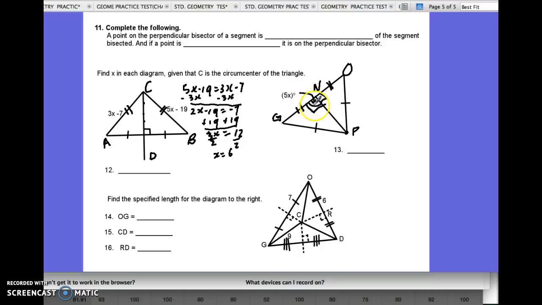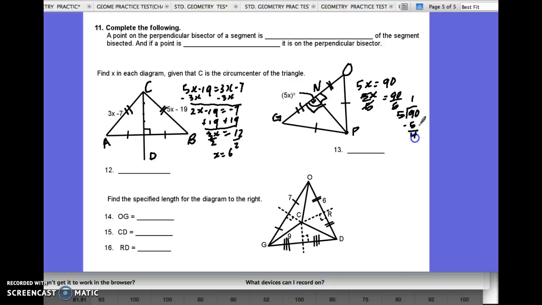So we have 5x, which is the angle here, equal to 90. When we divide both sides by 5, you'll get 5 goes into 9 once. 1 times 5 is 5.